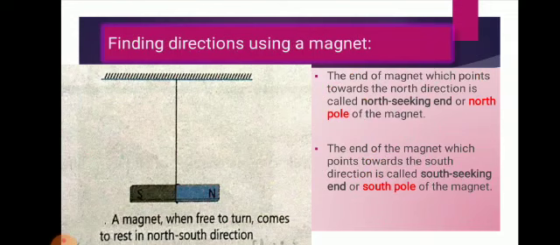Later on, the magnetic compass, or simply compass, was developed based on this property, that a magnet always aligns in the north-south direction.